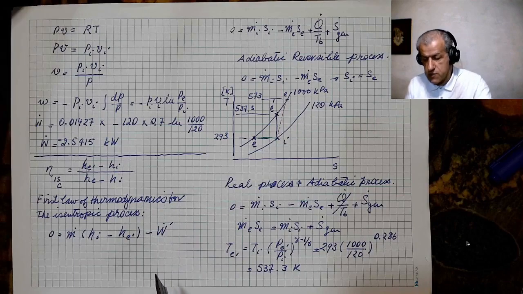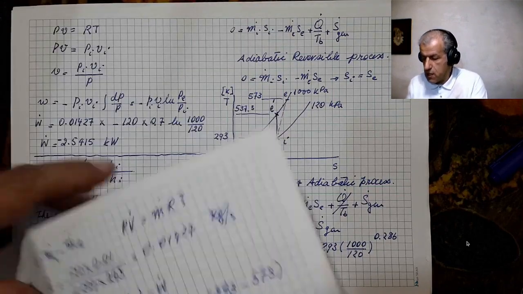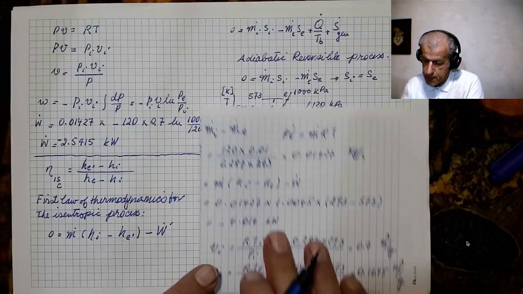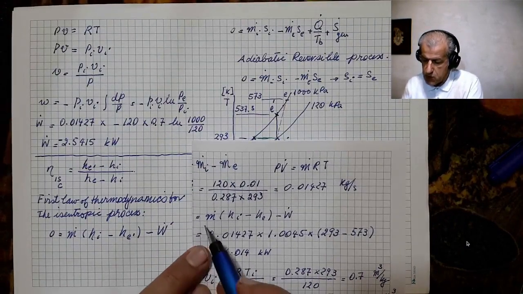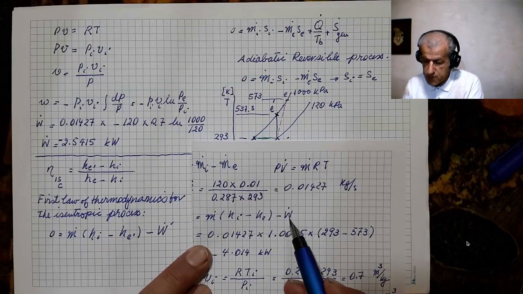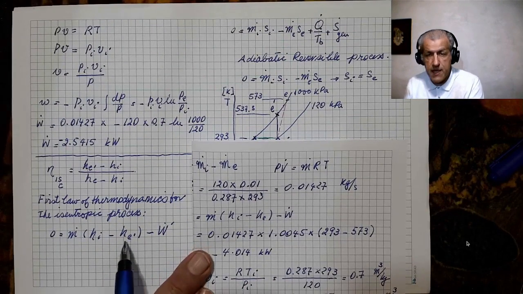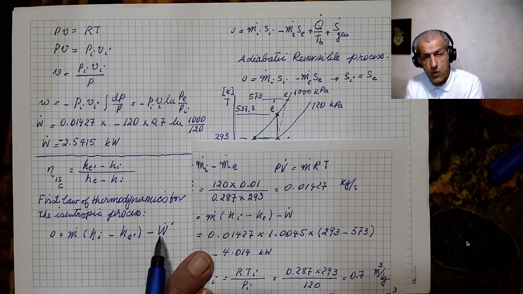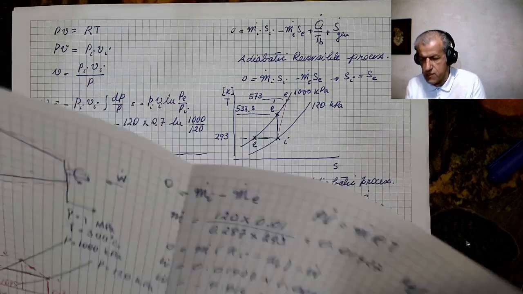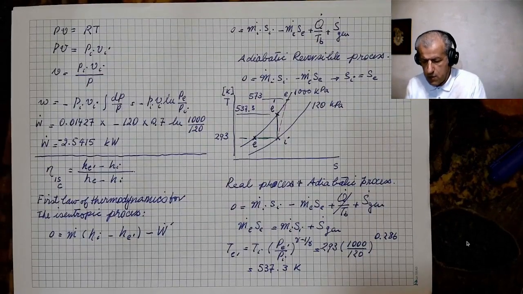You see, this was the equation that I wrote for the real process. 0 was equal to m dot Hi minus He minus W dot, and here the end point is E prime, and therefore the work is W dot prime. The mass flow equation is the same, so the mass flow doesn't change, and I wouldn't write it.